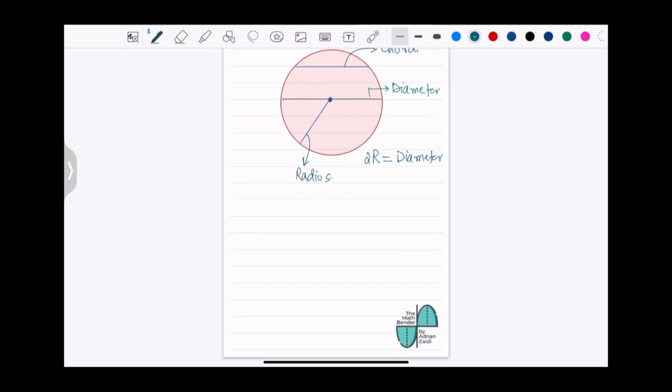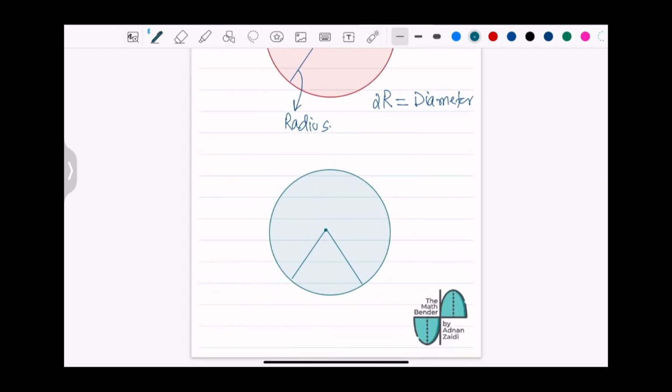If I draw another circle here, and from the center I break it, as you can see, this section here is a small segment of a circle, or a small slice of a circle, that is using AB arc.